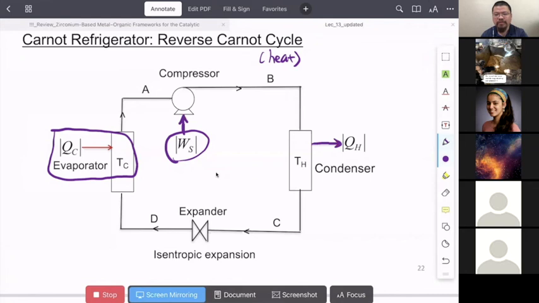We still have the 2 isothermal processes, right? Temperature will be constant, dT would be 0. We still have the 2 adiabatic processes where dS would be 0, right? Or we call this isentropic.